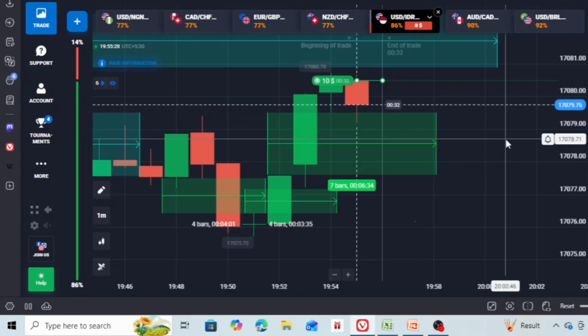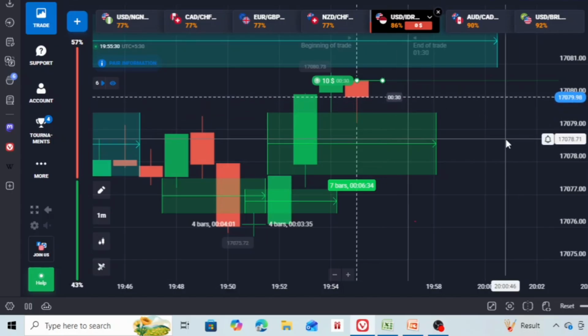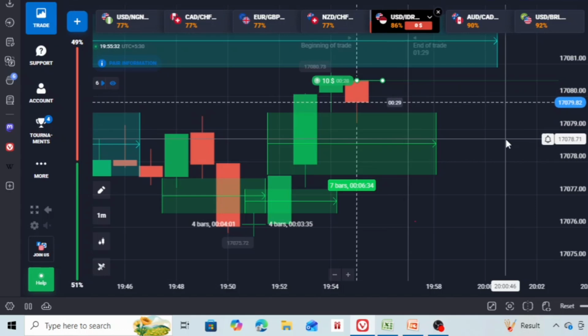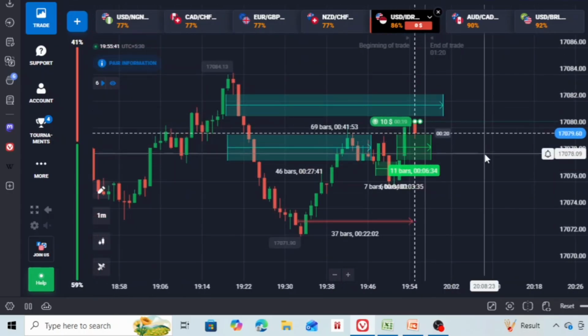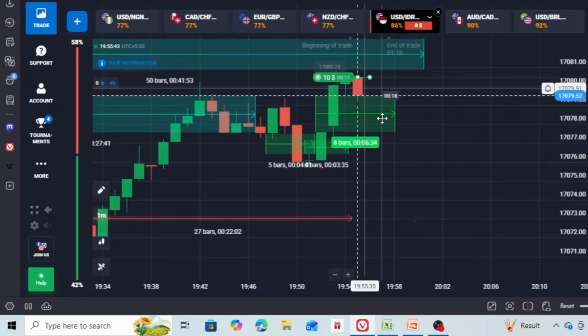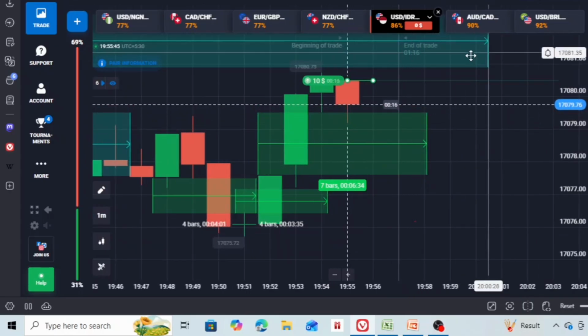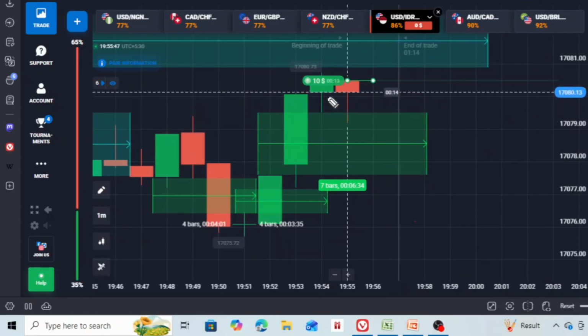Okay, so we still have around 30 seconds. Let us see. So there's also some space here, because of that the market is also reversing again.